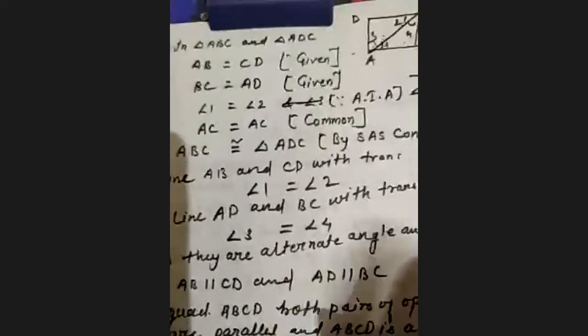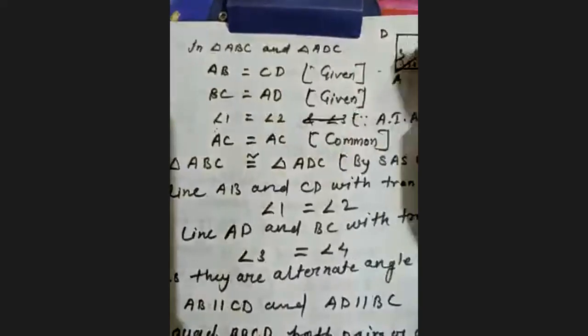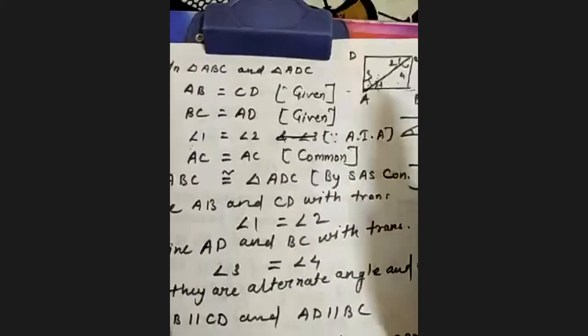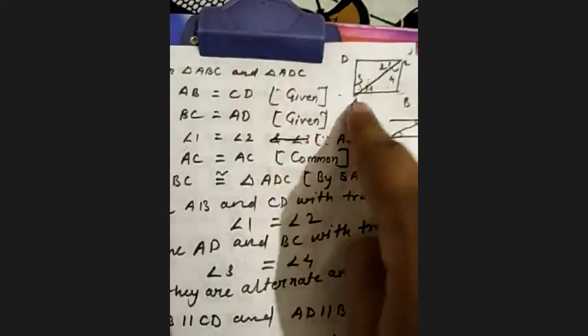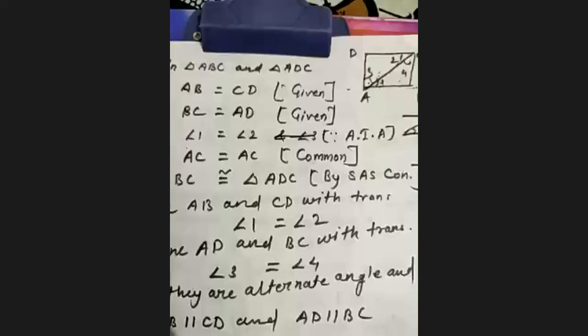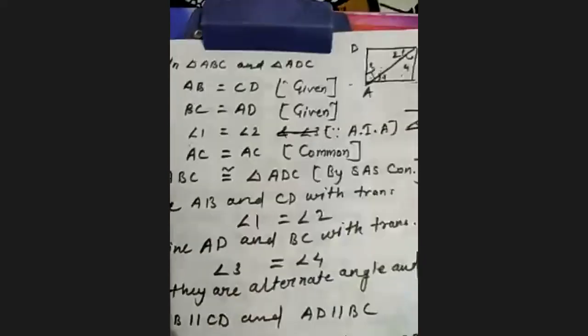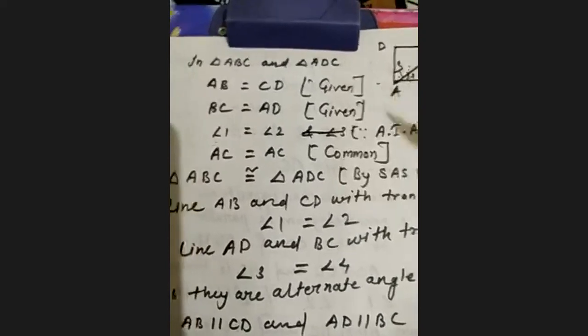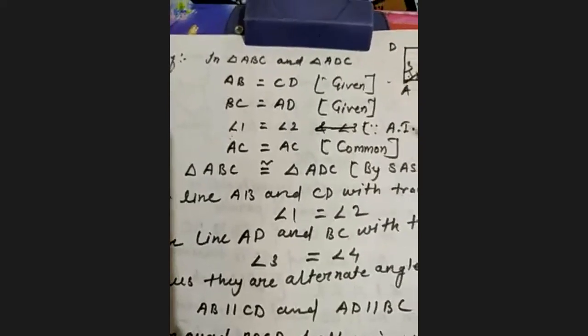Okay, then when you make a diagonal, it makes two triangles. The first triangle is ABC, and the second triangle you take is ADC. So here we see that two triangles are made, then we compare them, whether both triangles are equal or not.